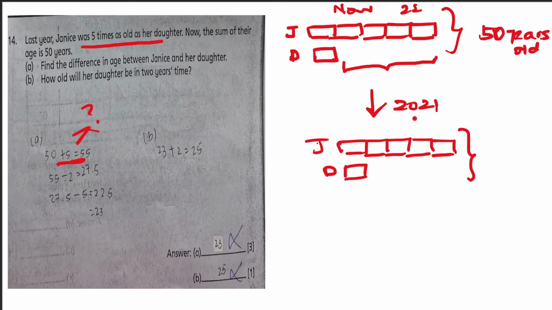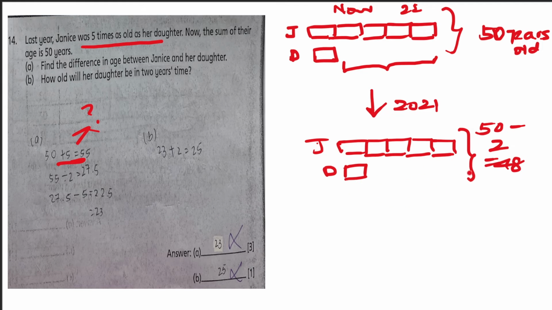But at 2021, their total will not be 50 years old, because the daughter will be 1 year younger and the mother will be 1 year younger. So you need to use 50 minus 2 years. Their total will be 48 years old.